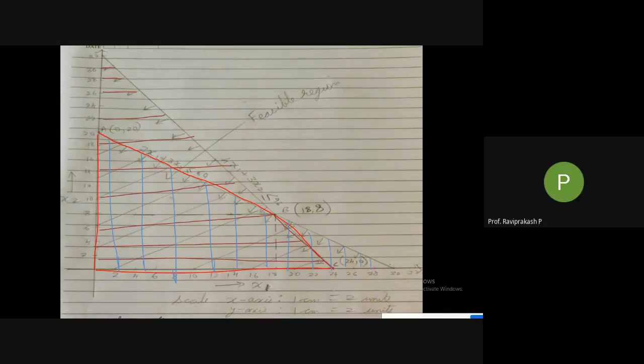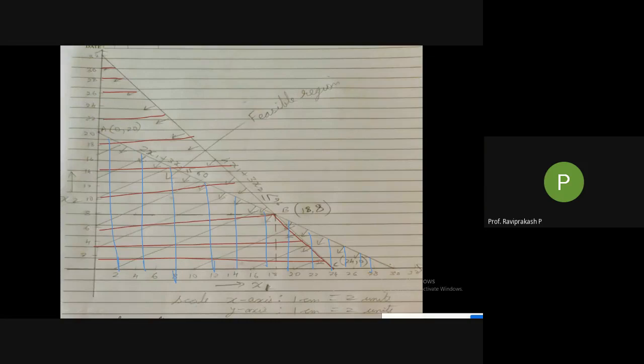Okay, now can you see two different areas? The area under this one and the area under this line. I'll just remove this red one so that you will see it properly. This brown is the area under this particular line, and this blue is the area under this one.